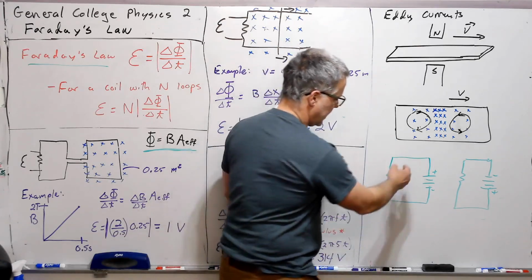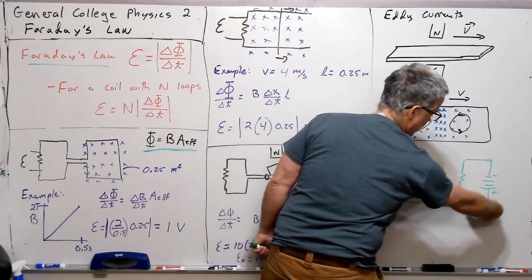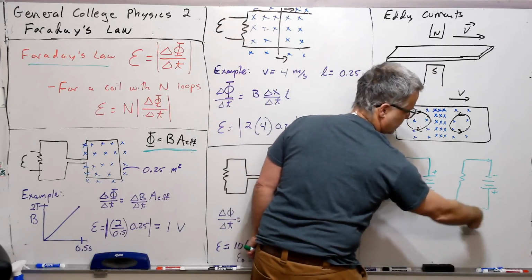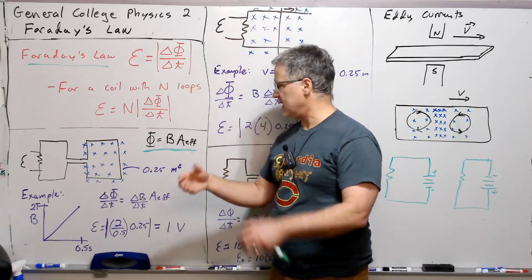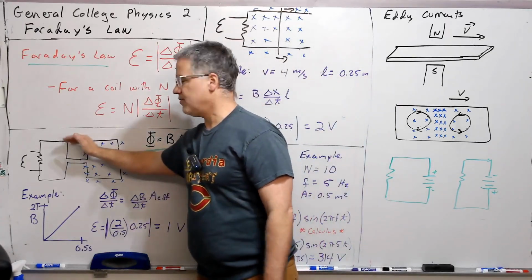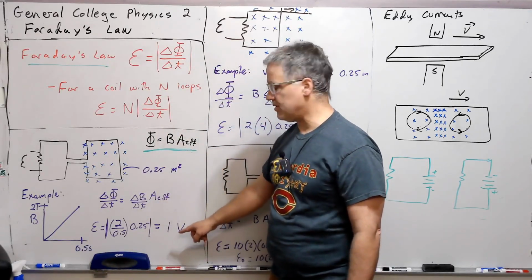Well, in this case, the battery would drive the conventional current this way, and in this case, it would drive the conventional current this way. So therefore, in this setup, with the field rising, the current will be this way, and it will be a positive 1 volt.